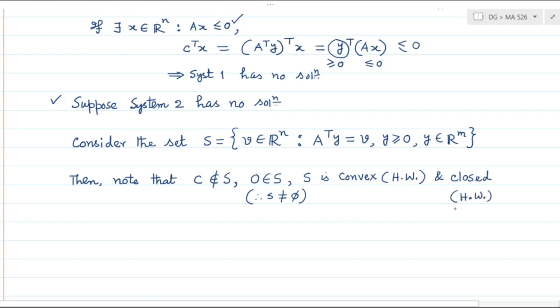For a closed set, there is a result: if you take any sequence Vn inside the set S, all elements of Vn inside S, and consider a converging sequence, then you prove that wherever it converges, that limit also belongs to S. This is a characterization of a closed set, and accordingly we will prove that S is convex and also a closed set.